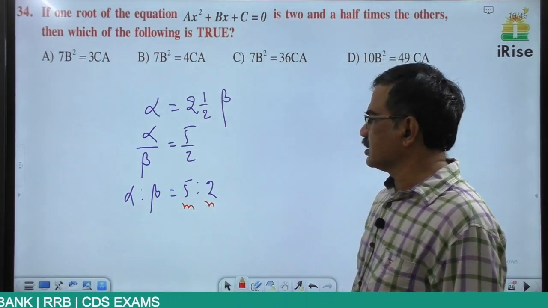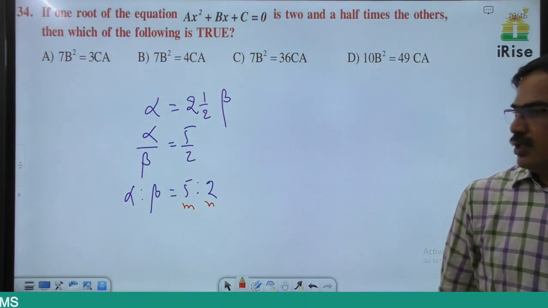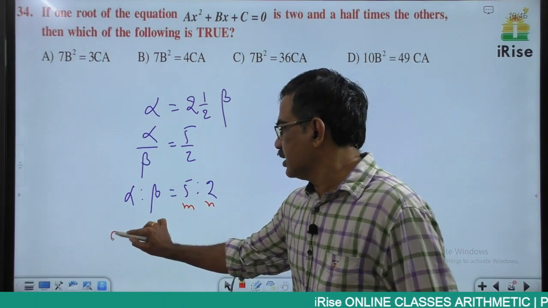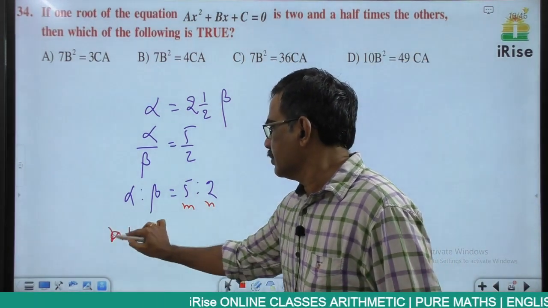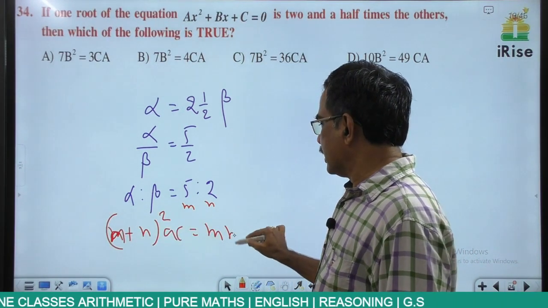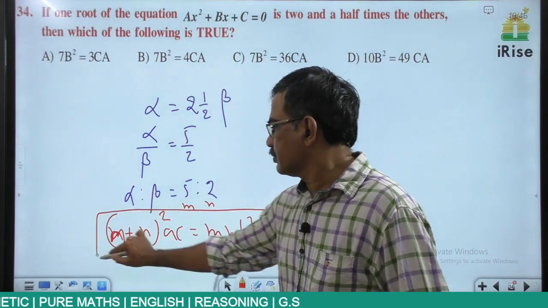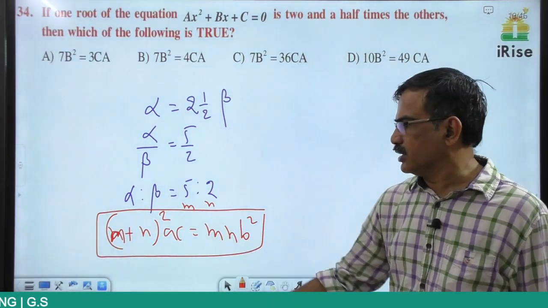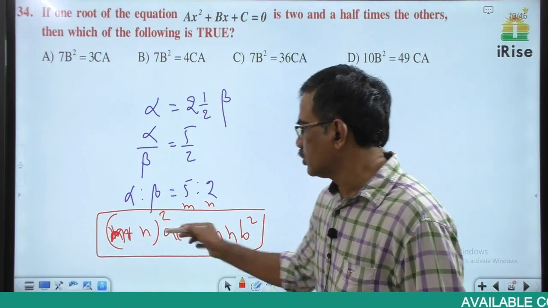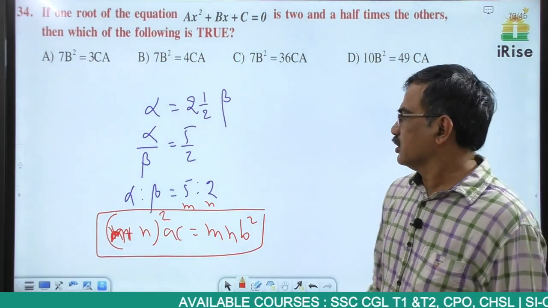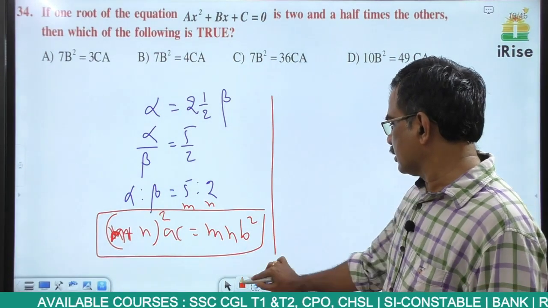Consider this as m, this as n. If roots are in the ratio m:n, then the condition is m plus n whole square into AC is equal to mn b square. I want to use this condition to get the answer.